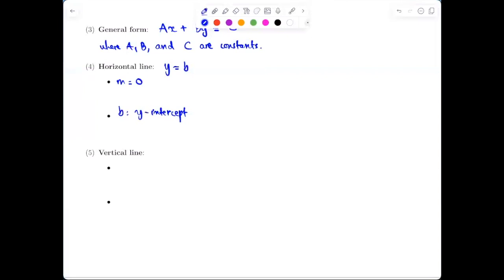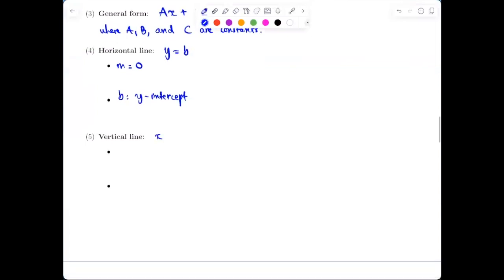Now for vertical lines, you have x equal to a constant a. In this case, for a vertical line, the slope is undefined, and a in this case is the x-intercept.